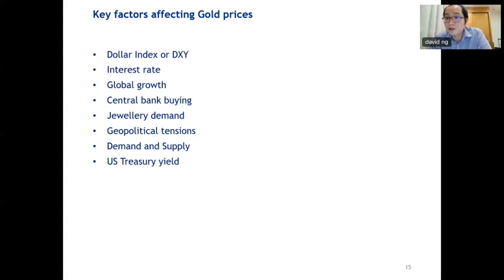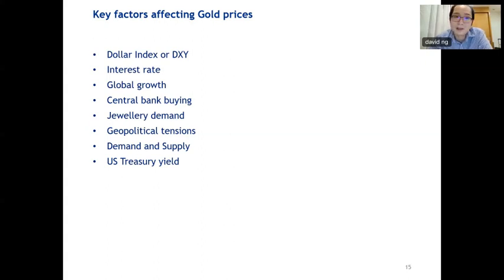If the US doesn't control the narrative well, it looks like they are losing the war narrative, especially in that region. So it's crucial to watch when you have tension in the geopolitical space. Normally, gold is a very strong beneficiary.